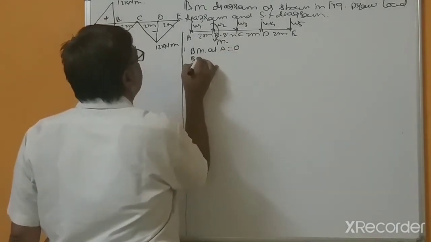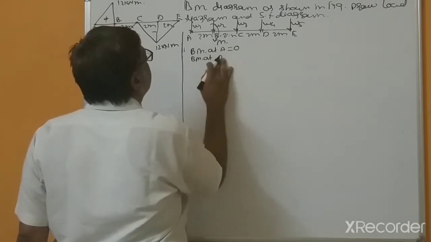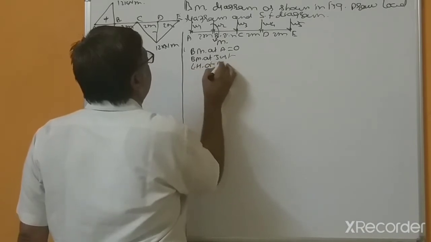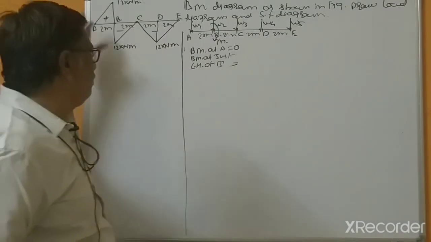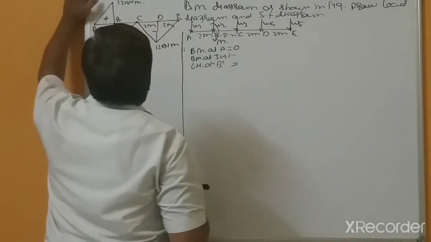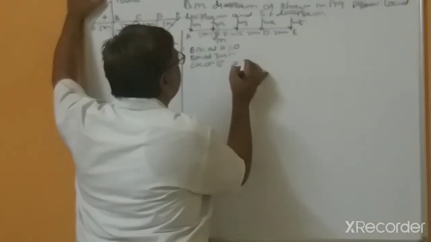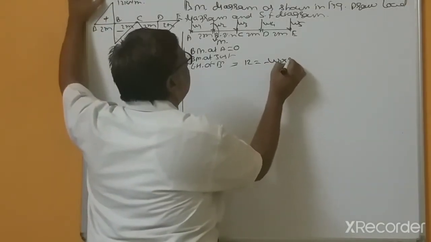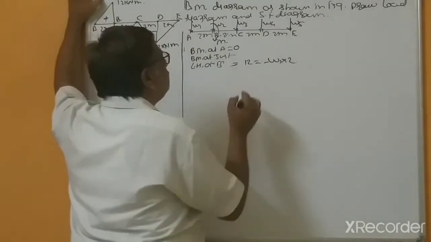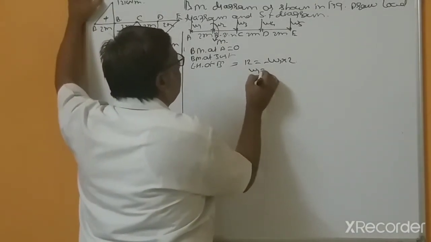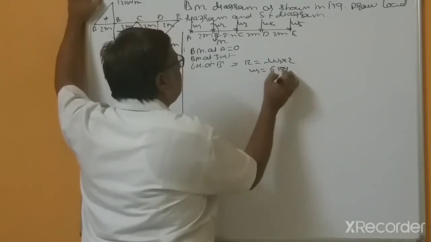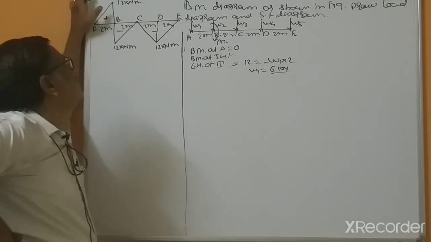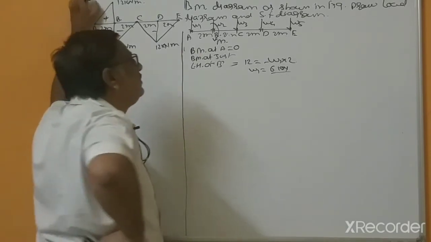Bending moment at B, just left hand side of B. This is plus 12 equal to minus W1 into 2. So W1 equal to 6 kilonewton. Anti-clockwise is plus, so that's why this is minus.